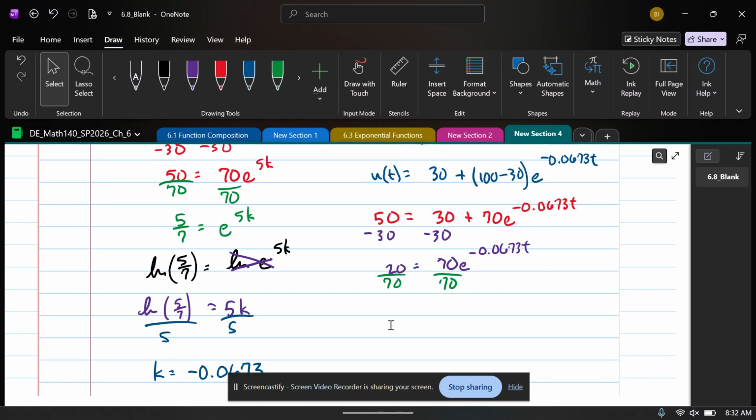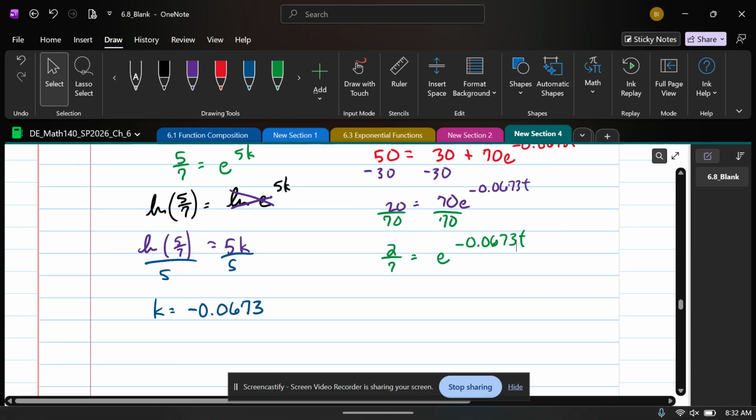So we've got 2/7 equals e to the negative 0.0673 t. And then what do we do after that? Yeah, natural log of both sides.